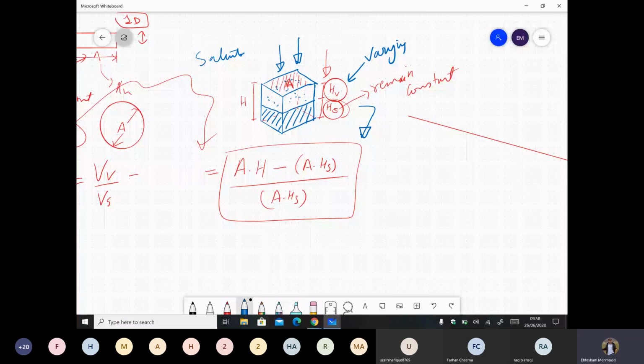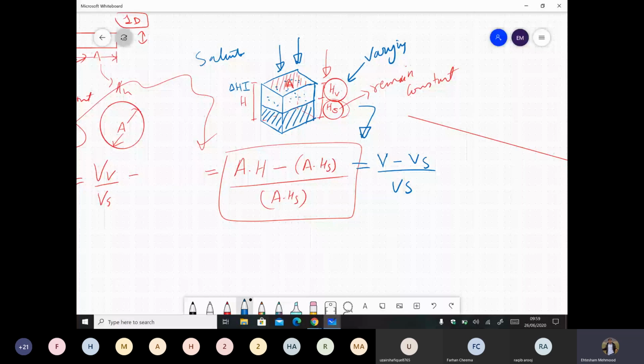The reduction in height, delta H, will only come from reduction in the height of the voids. And we have converted the height of voids in the form of A into H minus A into hs, which was equal to total volume minus volume of soil solids over volume of soil solids.